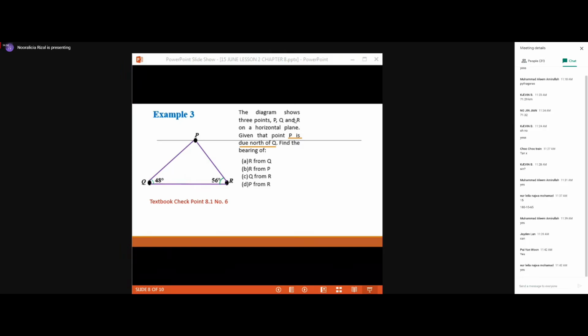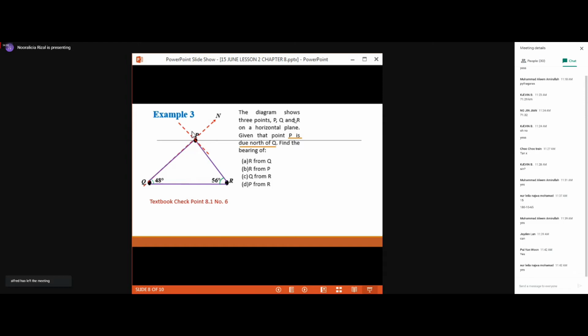Now you have to understand, it says P is due north of Q. Look at my cursor. Your Q is here, so from Q, the north line should be here. If the north line is here, then P is north of Q. This is what it means. Look at the slide.